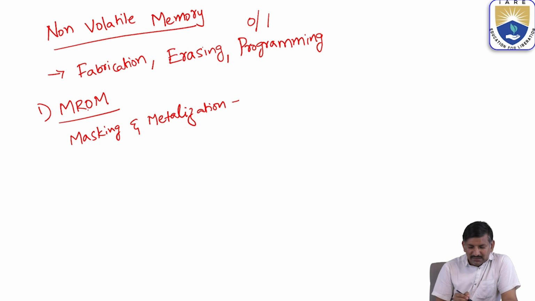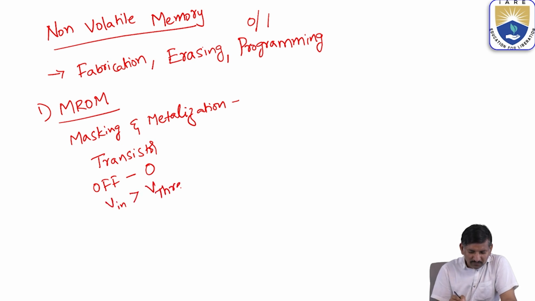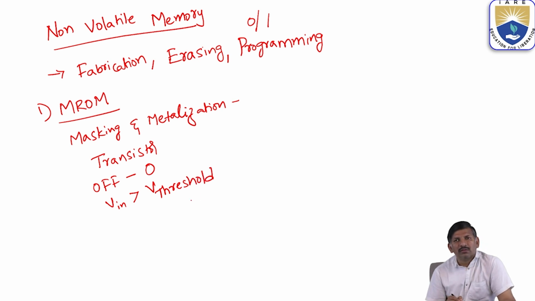Initially it contains one transistor. By default, it is in off condition. That means it stores 0. Whenever we give an input greater than V threshold, the transistor conducts and it stores bit 1.